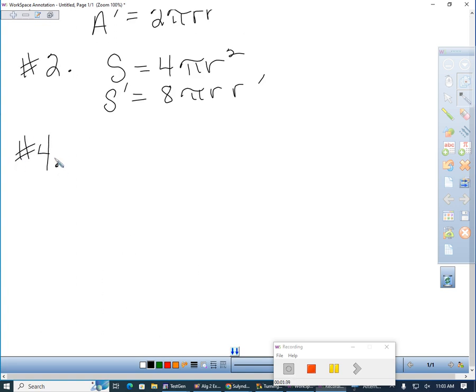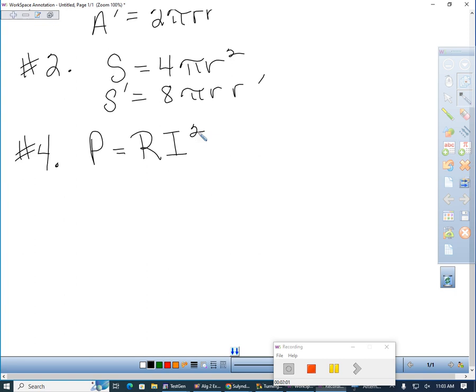Number 4. The power P of an electric circuit is related to the circuit's resistance and the current by the equation P equals R I squared.